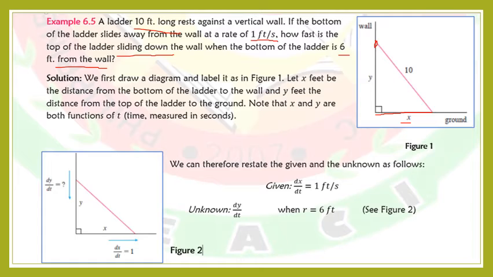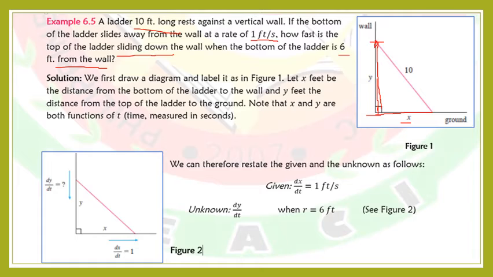And let y be the distance from the top of the ladder to the ground. So ito yung sa y. Okay, so x is yan yung sa baba, the distance from the bottom of the ladder to the wall, and then y naman is the distance from the top of the ladder to the ground. So note that x and y are both functions of t, time measured in seconds.